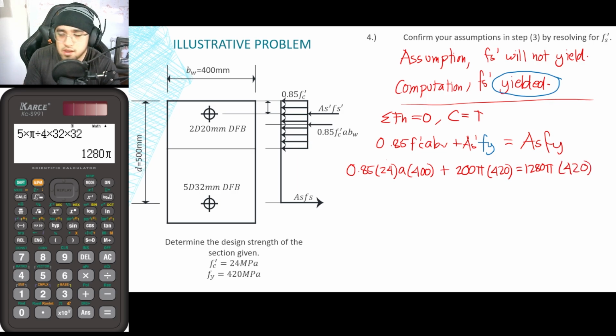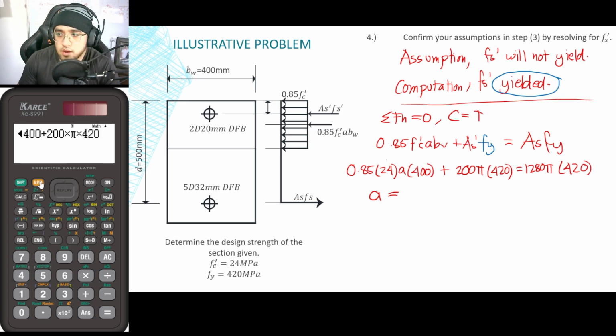So as you can see in this equation, we can now solve for the value of A. We can now use the shift solve feature of our calculator. So there's now 0.85 times 24 times alpha x times 400 plus 200 times pi times 420.